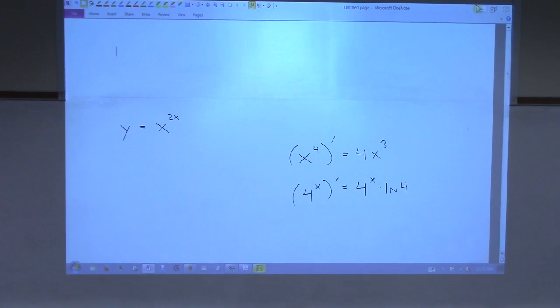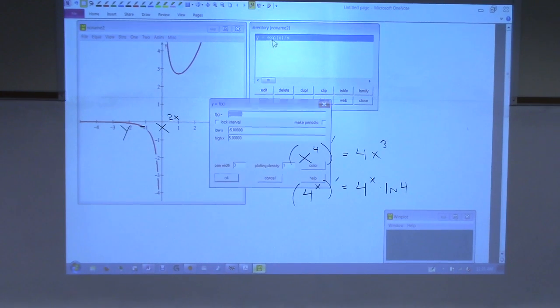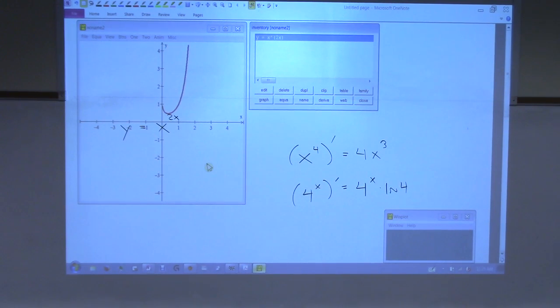All right, let's see if it has a graph. X raised to the 2x. There it is. See it? It's like a weird J, right?